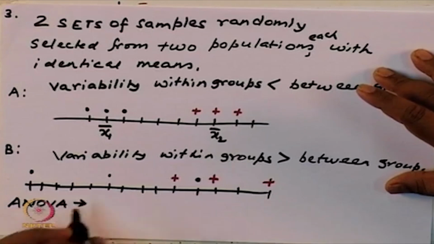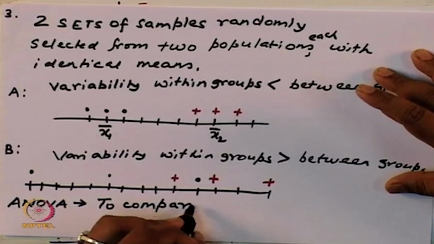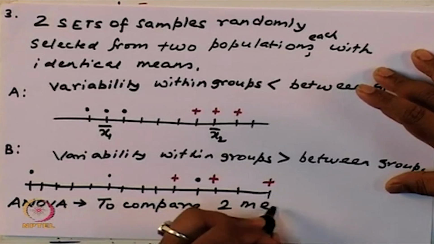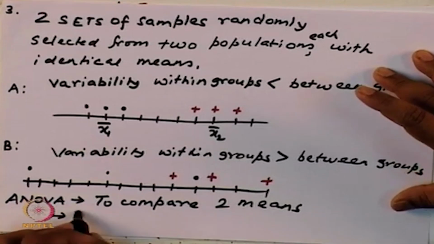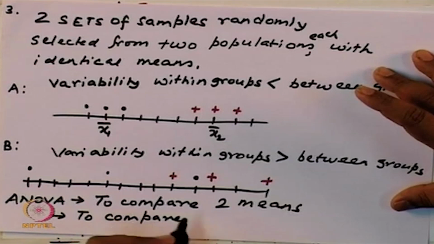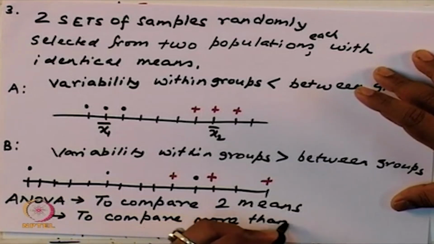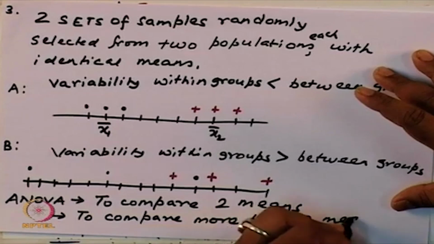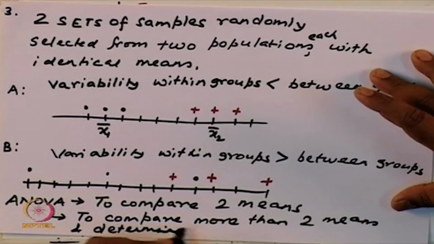ANOVA can be used to compare two means. It can also be used to compare more than two means and determine effects of various factors.